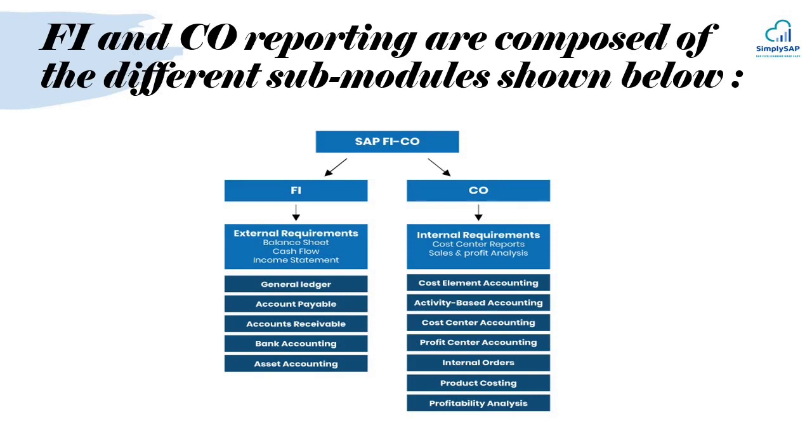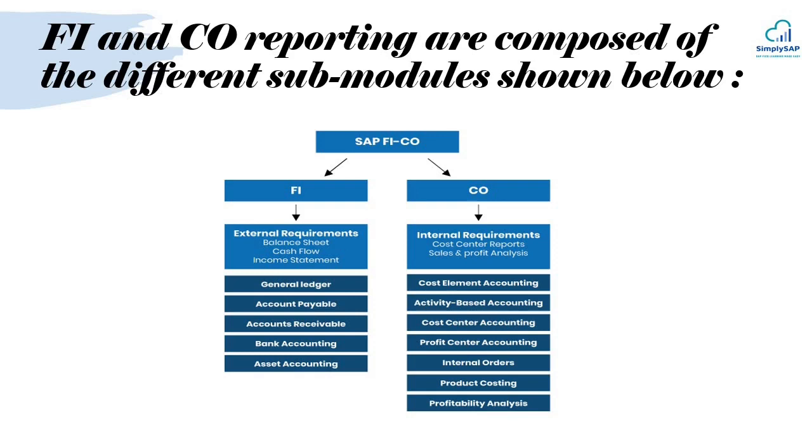Transactions in accounts receivable include invoice posting, credit memo posting, down payments, invoice payment, dunning, and executing customer reports. So whenever I talk about accounts payable, you should remember that it includes all the things related to vendors, and accounts receivable includes all the things related to customers.